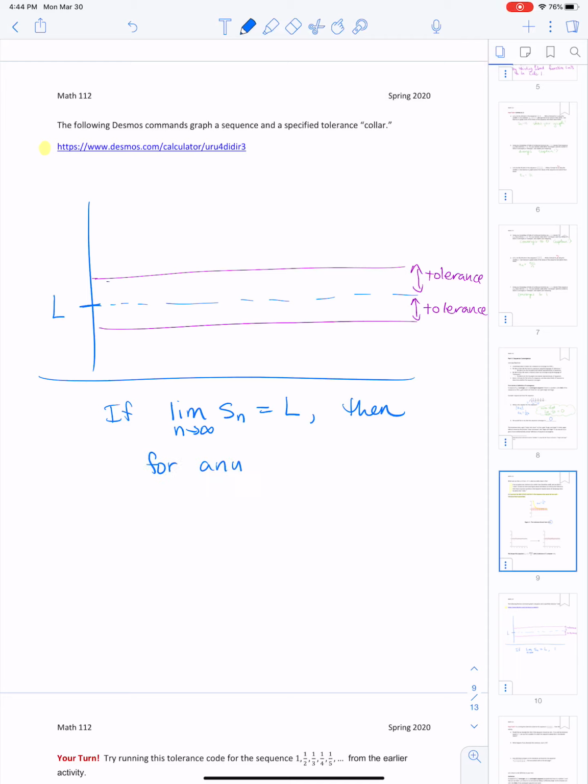for any tolerance, and our tolerances have to be positive numbers.